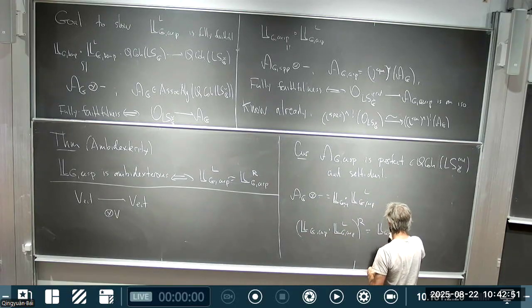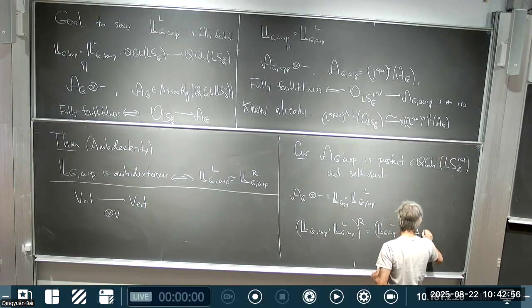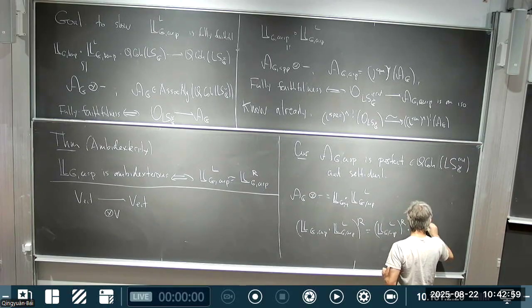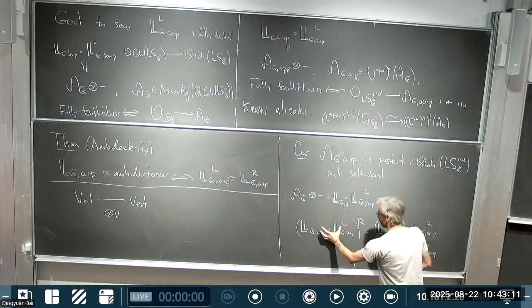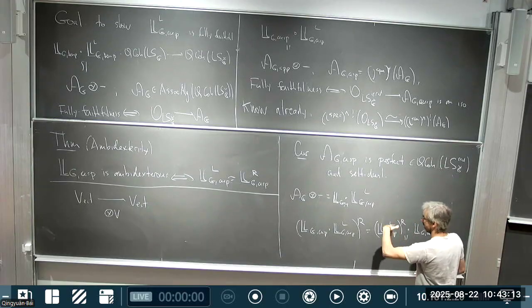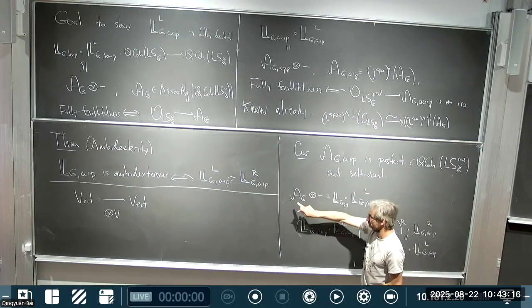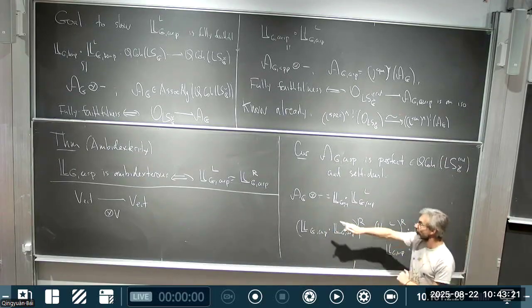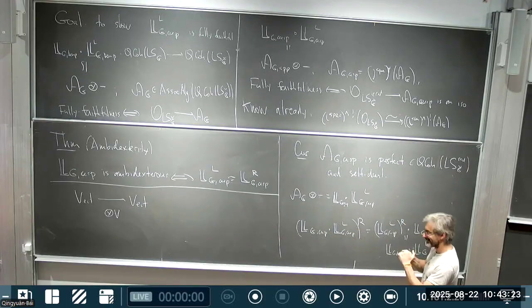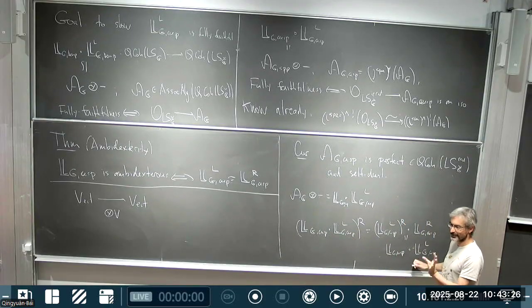So it's LG plus LR, LG plus R. But this is the same as LG plus, and here we use ambidexterity, saying that LGR is the same as LGL. So you see that the right adjoint of this functor is itself. The particular functor admits the right adjoint, so it implies that the object is perfect, and this right adjoint is itself. So this right adjoint would have been the dual of this, but the functor is itself, so the dual is isomorphic to itself.